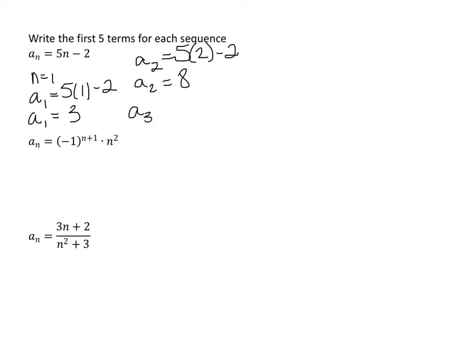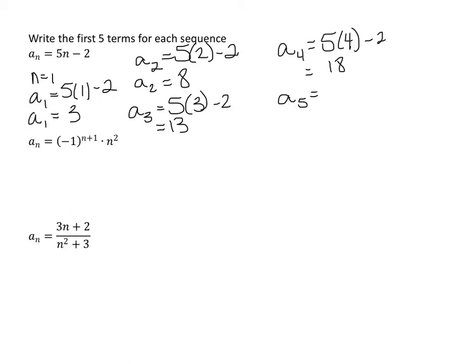When n is 3, we get 13. When n is 4, we get 18. And when n is 5, we get 23. So those would be the first 5 terms of this sequence.